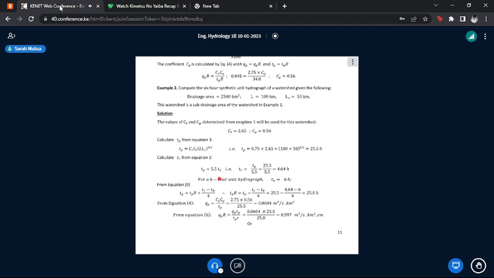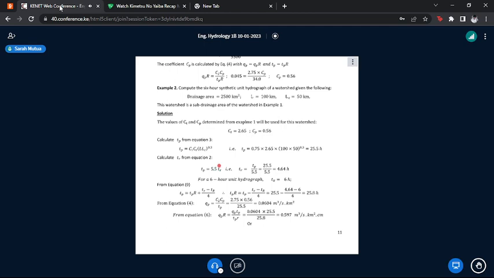The question says: compute the 6-hour synthetic unit hydrograph of a watershed having a drainage area of 2,500 kilometers squared, with L equal to 100 kilometers and LC equal to 50 kilometers.